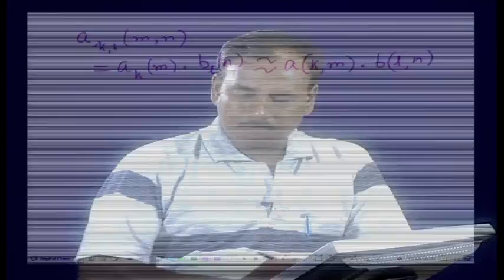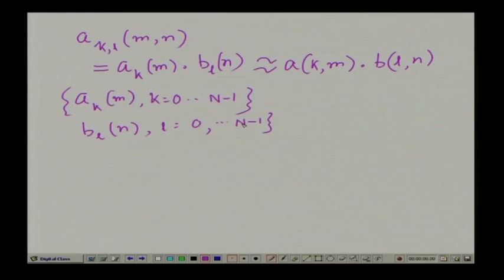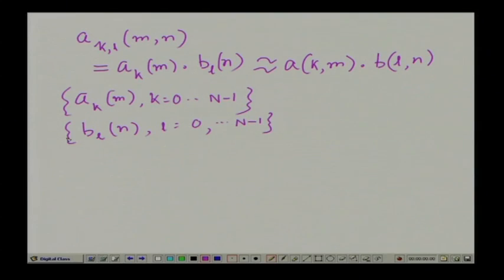So, in this case both A(k,m), where k varies from 0 to capital N minus 1, and B(l,n), where l also varies from 0 to capital N minus 1, these two sets A(k,m) and B(l,n) are nothing but one dimensional complete orthonormal sets of basis vectors.